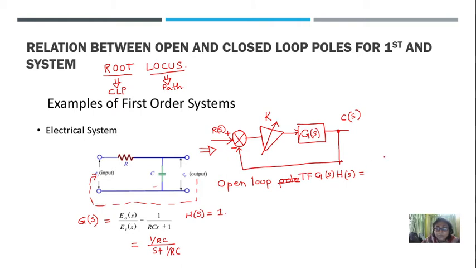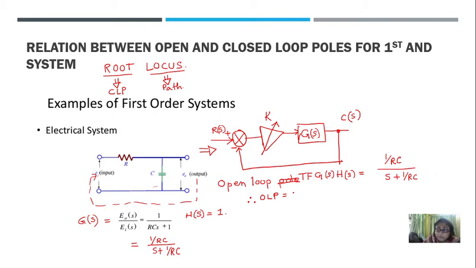So that will be (1/RC) by (s plus 1/RC). That means the open loop pole is s plus 1/RC equal to 0.